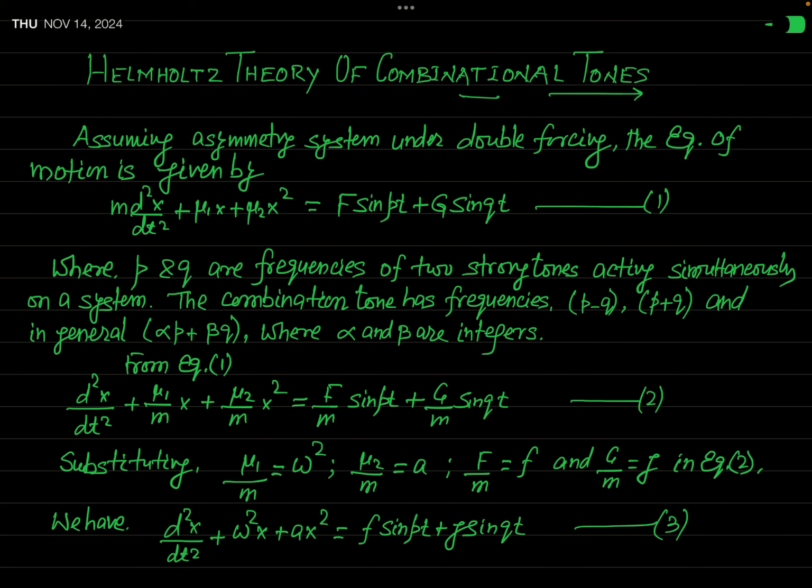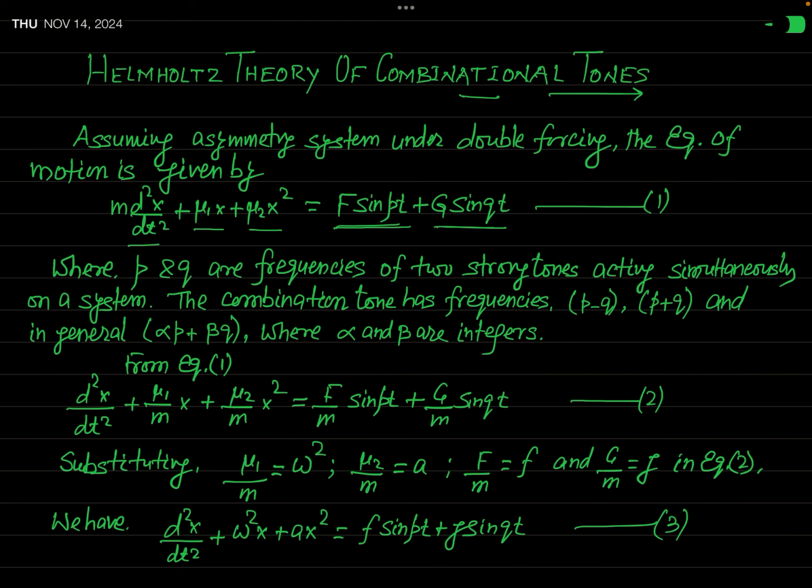The first external periodic force is F times sine pt, and another is G times sine qt. Here P and Q are the frequencies of the two strong tones acting simultaneously on the system. Then for this net force F sine pt plus G sine qt, the equation of motion will be given by m times d2x by dt square plus mu1 x plus mu2 x square. Here mu1 and mu2 are constants.